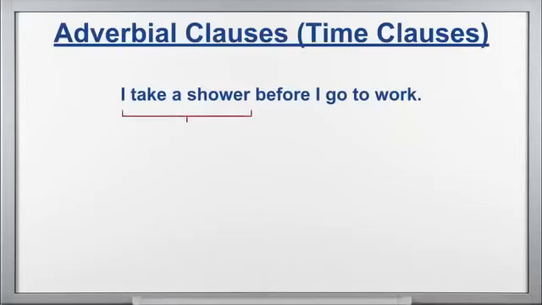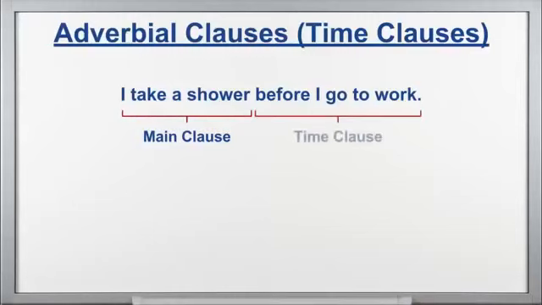There is the main clause, I take a shower, and the adverbial time clause, before I go to work. How do you know this is a time clause? Because there are other types of clauses. This one's specifically a time clause because of the word before.